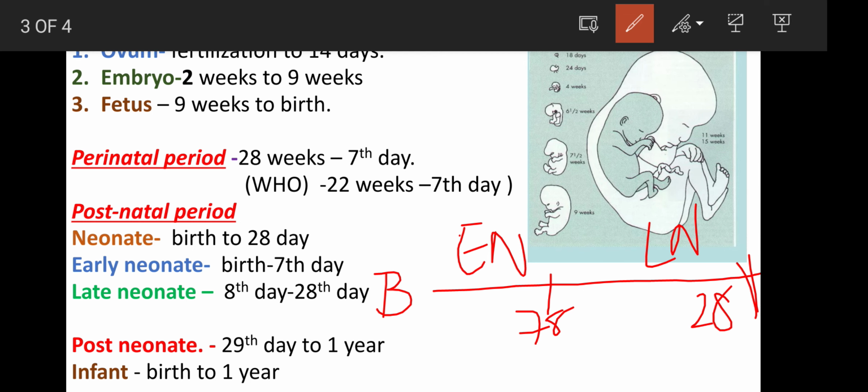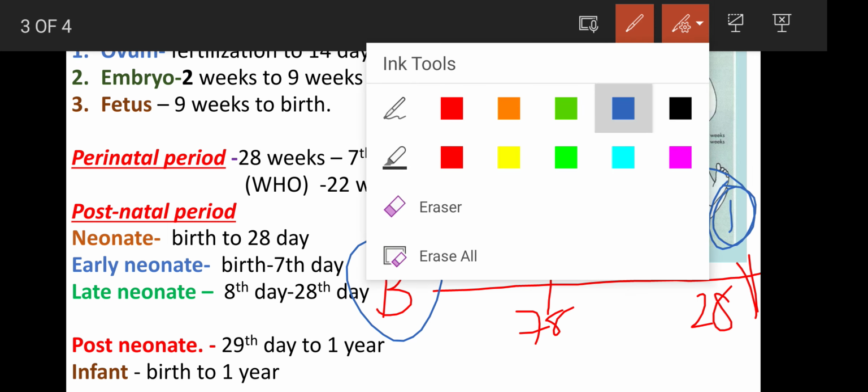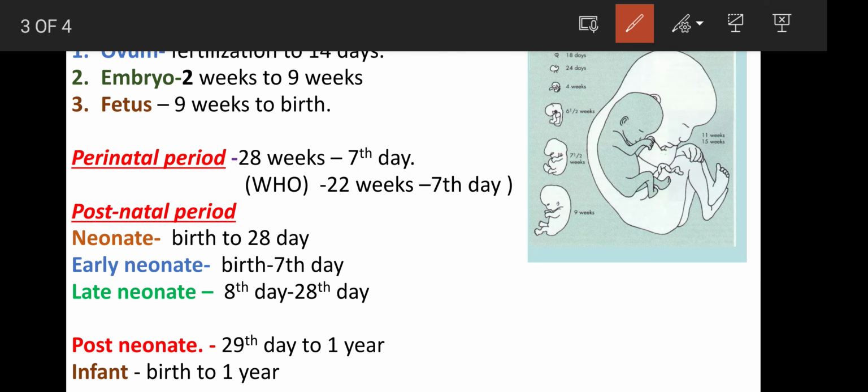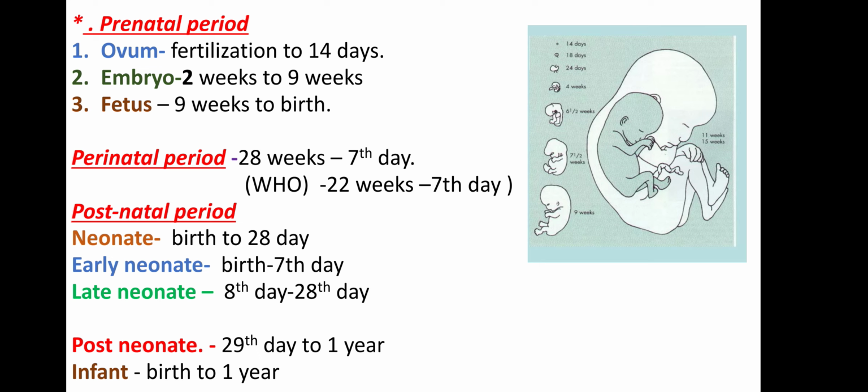Let this be birth, let this be 1 year. From the 29th day to 1 year is a post-neonate, and infant is from birth to 1 year. So this was all about the postnatal period.